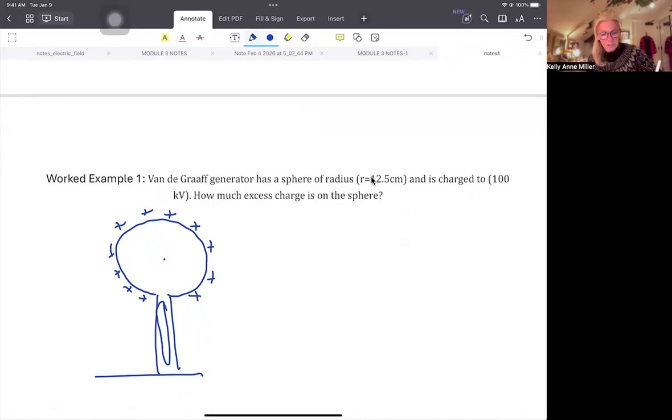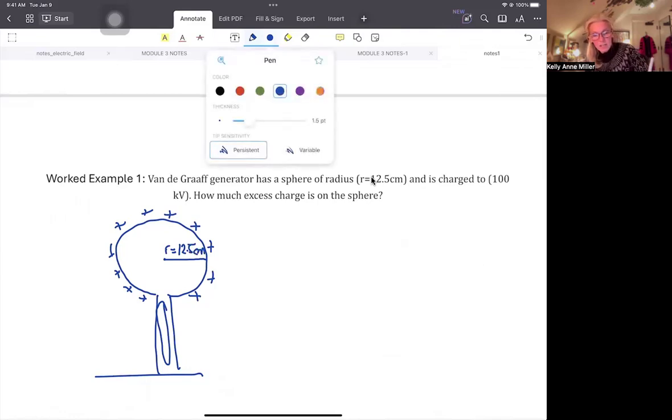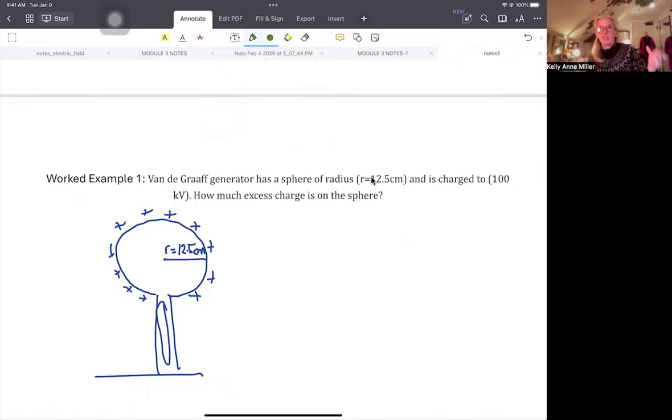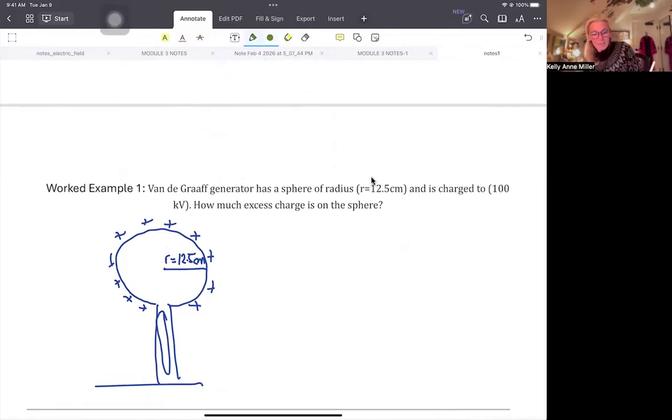And we're told that the sphere has a radius of 12.5 centimeters, and we're putting so much charge on that sphere that the potential is 100 kilovolts.